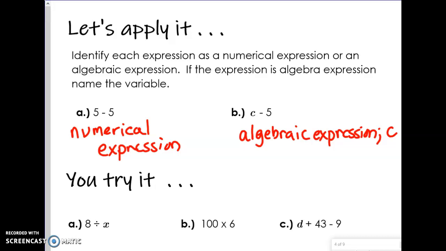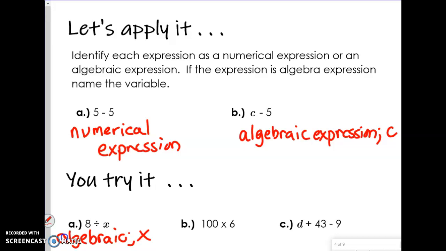Awesome. Austin, Julia, and Elizabeth, that is all correct. Okay. So here, Haley, can you give me A? What did you say? Algebraic, and what did you say your variable was? Awesome.